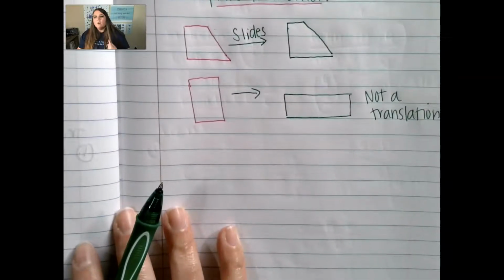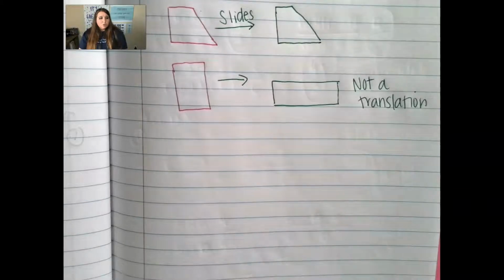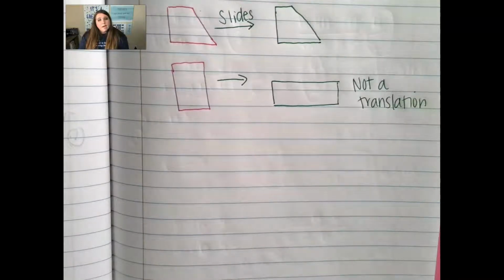Okay, so how exactly does this look? What does this look like when we're translating or moving images from one place to another? So usually when we have translations, they give us directions and tell us how to move the shape.